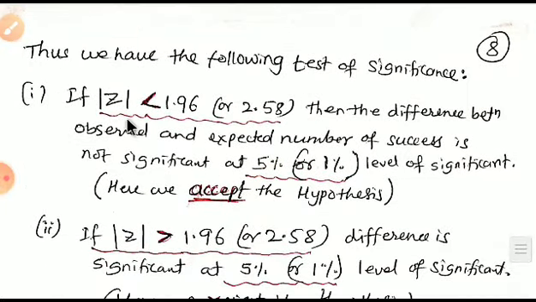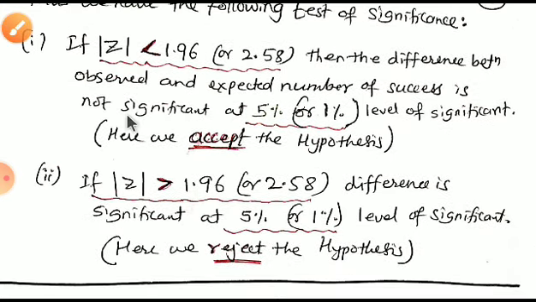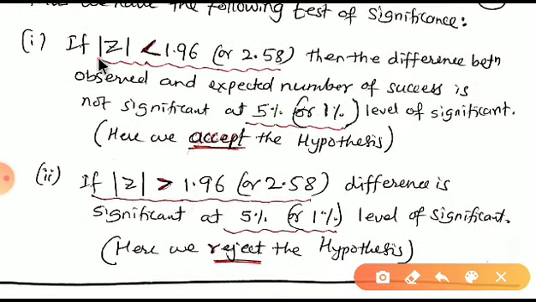Thus, if z value lies between minus 1.96 and 1.96, or modulus of z is less than 1.96, then the difference between observed and expected number of success is not significant at 5% level of significance. In this case, we accept the hypothesis.